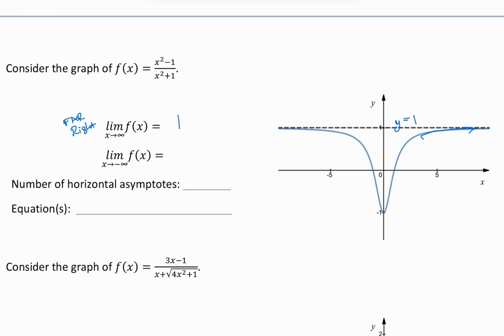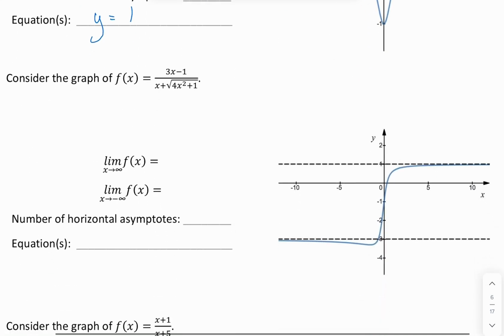So its limit is 1. Same on the far left. Our graph is approaching that dotted line of y equals 1.